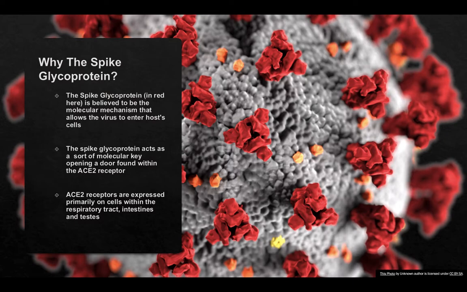The ACE2 receptor, angiotensin converting enzyme 2, is a really important receptor within your body. It is involved in regulating blood pressure. So it's obviously not good if there's a virus that's targeting this and potentially inhibiting your body's ability to regulate this function.